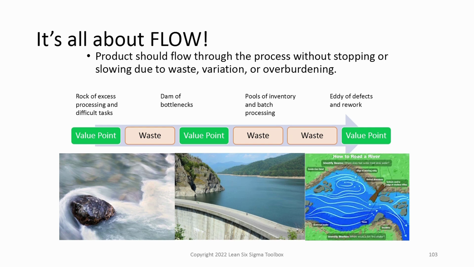You might have different pools of inventory in process along the way where people are batch processing or moving things from one functional step to the next in carts or on pallets or something like that. And then there's always eddies of defects and reworks where parts are having to go backwards in the process to get reworked and fixed and adjusted to make up for an imperfect process.